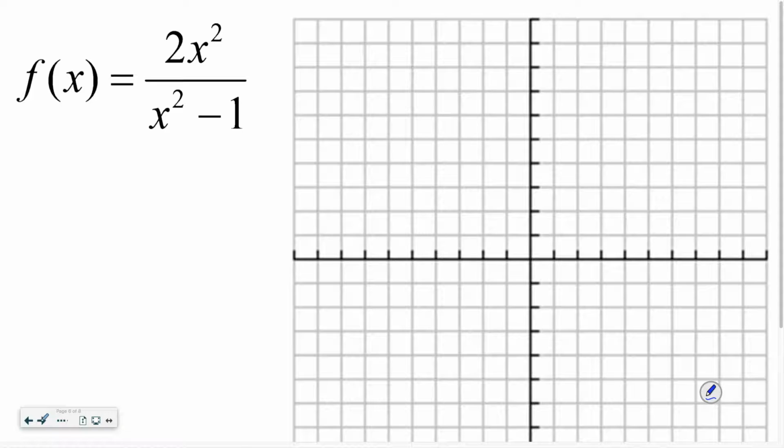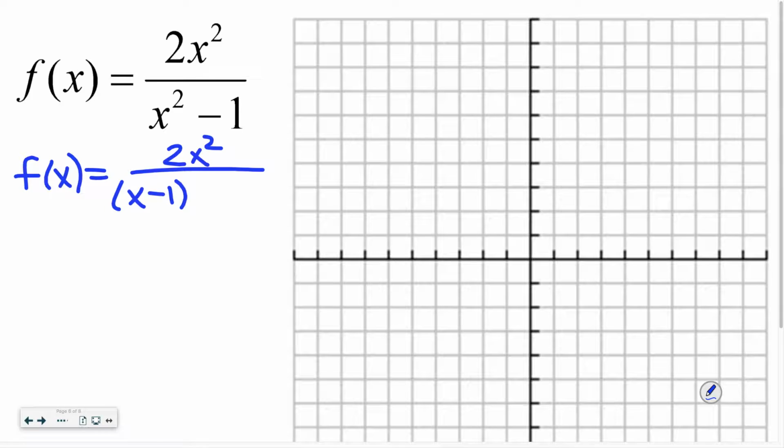Okay. Is it possible to factor anywhere? Yeah, we can factor our denominator, right? We can factor our denominator to x minus 1, x plus 1. Now, can we simplify that at all?